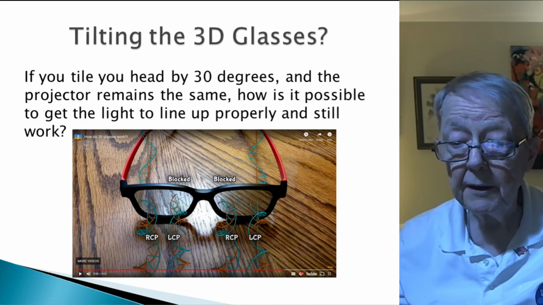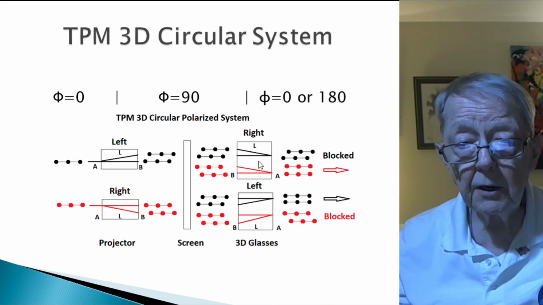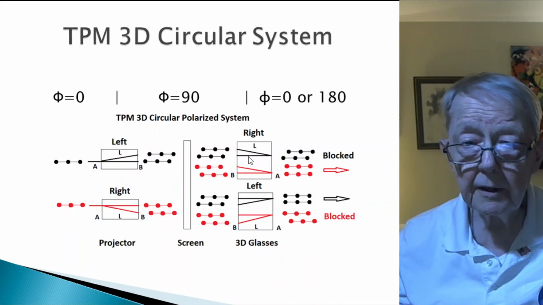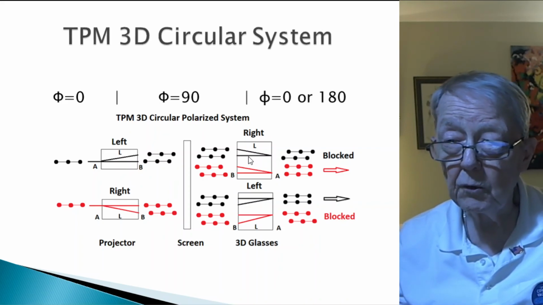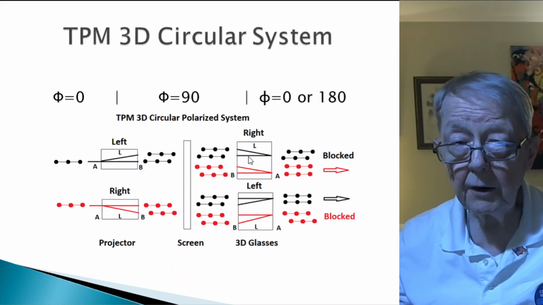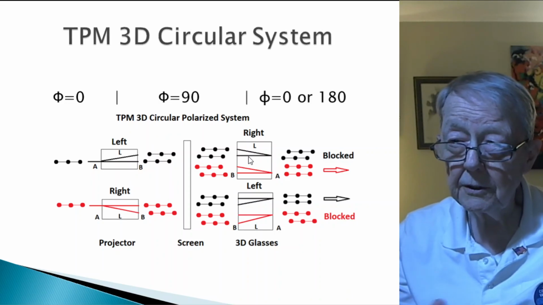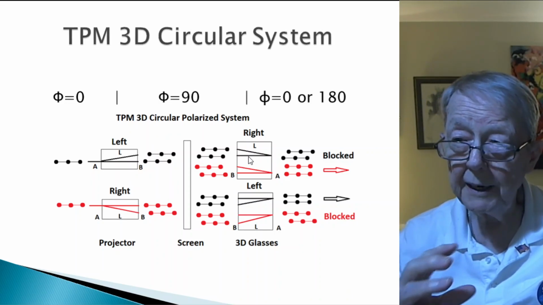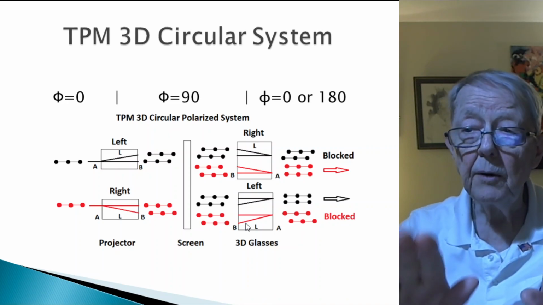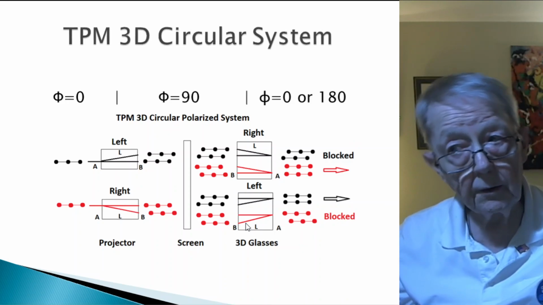They don't explain that. And so if you tilt this, I'd have to be able to draw three-dimensional drawings, be able to draw the crystal to see what's going on, why the image is maintained even when you tilt your glasses, like I would be tilting my head this way or this way.